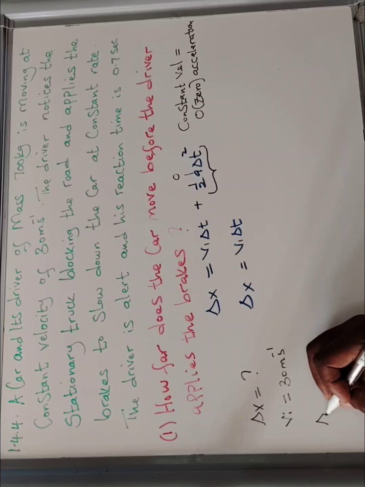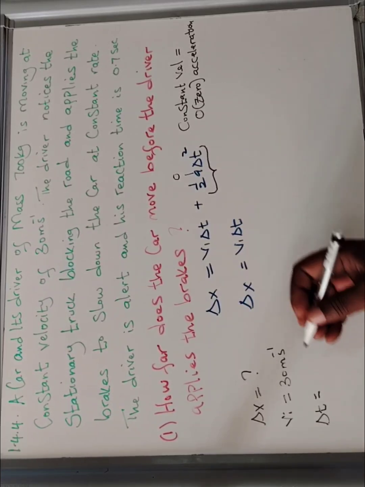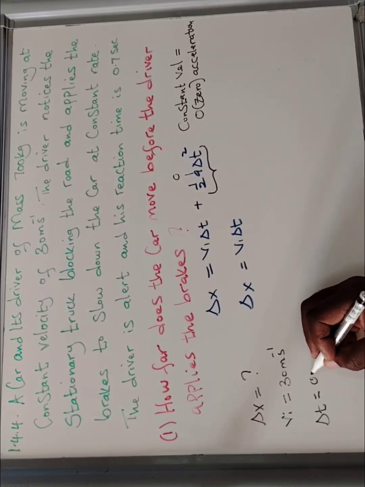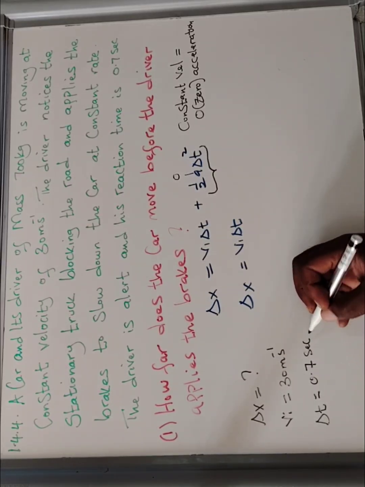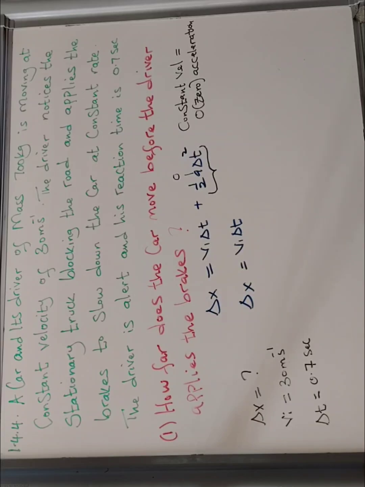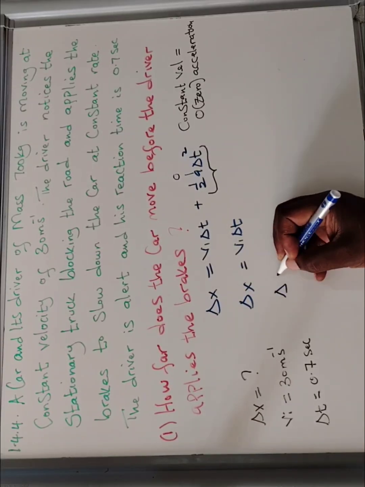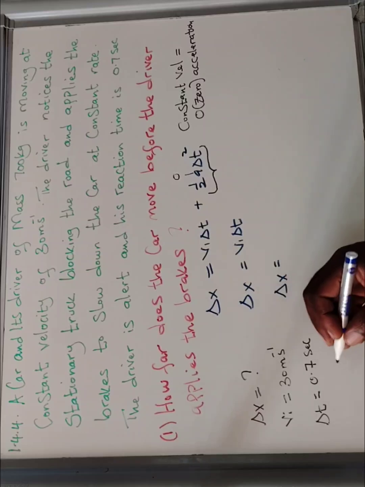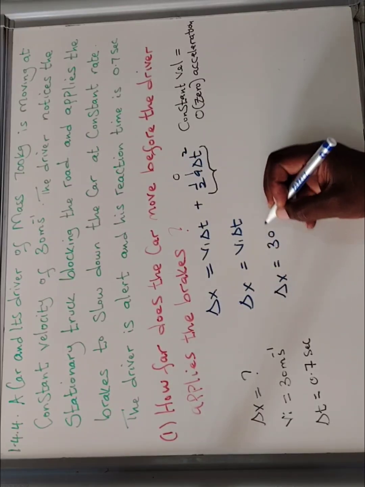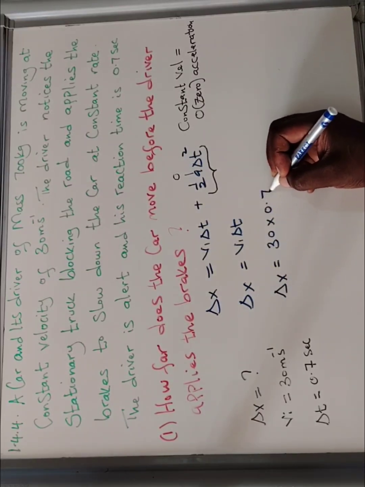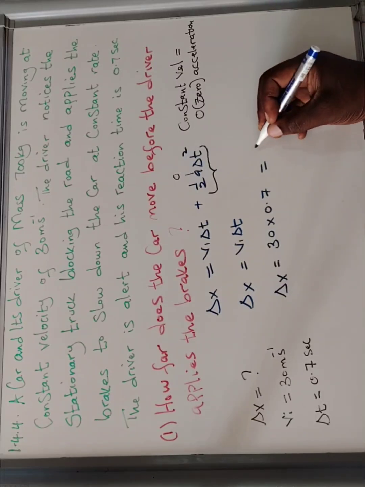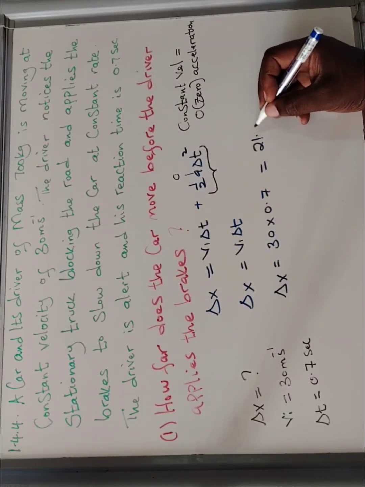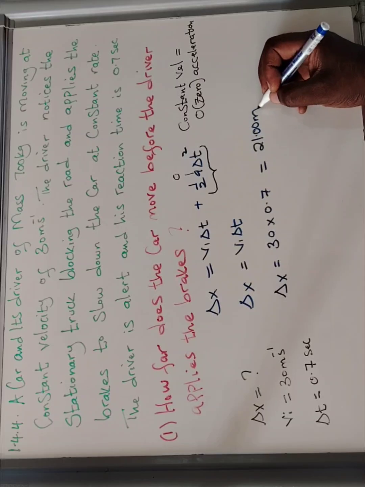We know the time taken for the reaction to start applying the brake, and it's 0.7 seconds. So with that information, we just substitute and we say delta x is equal to 30 times 0.7, giving you 21.00 meters.